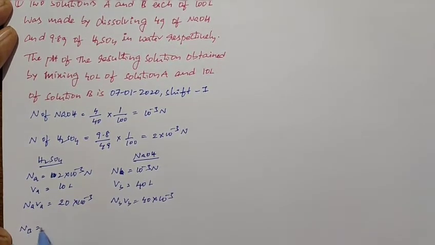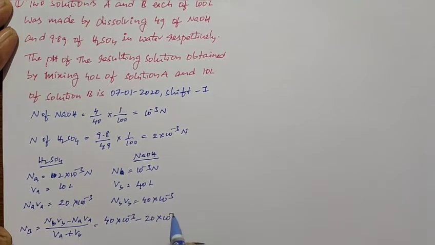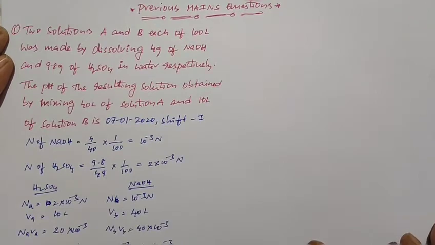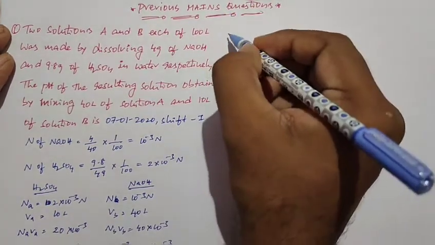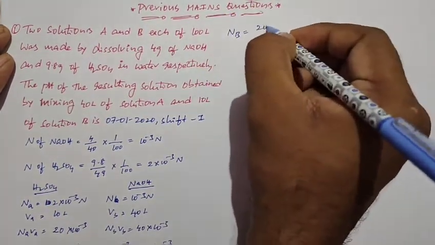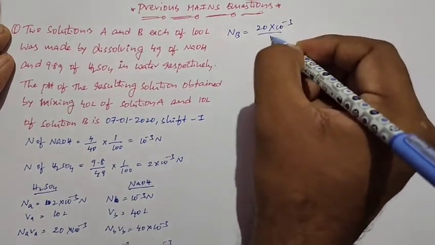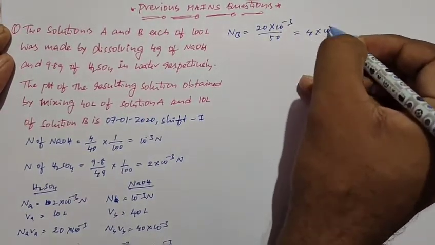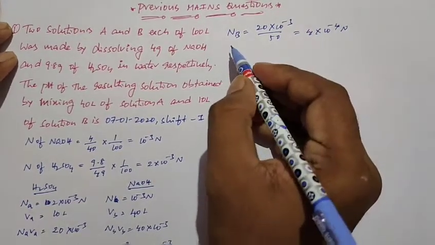So NB is equal to (NBVB minus NAVA) by (VA plus VB). After substitution, (40 into 10 power minus 3 minus 20 into 10 power minus 3) divided by (40 plus 10). After simplification, NB is 20 into 10 power minus 3 by 50, which is 4 into 10 power minus 4 normal. So the resulting solution is basic.